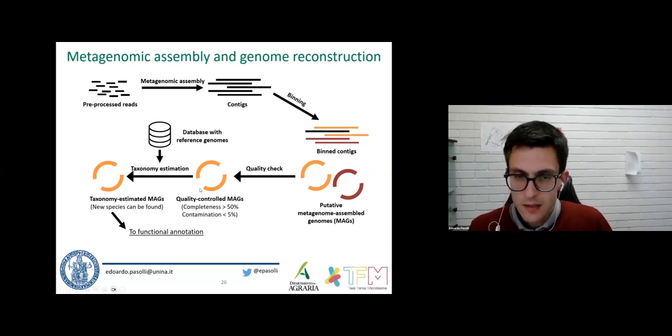Now from these MAGs, we can also estimate the taxonomy. In this case, we also need an external database with reference genomes. Now we have taxonomy-estimated MAGs, and this is a starting point to perform functional characterization and comparative genomic analysis.